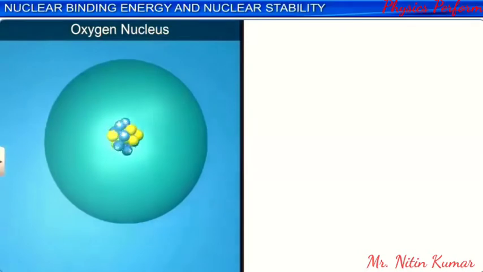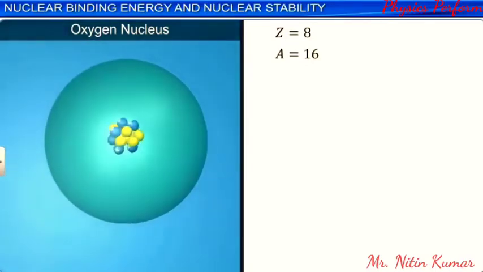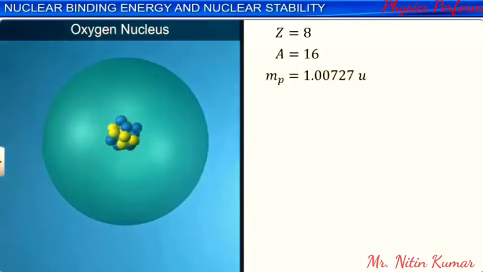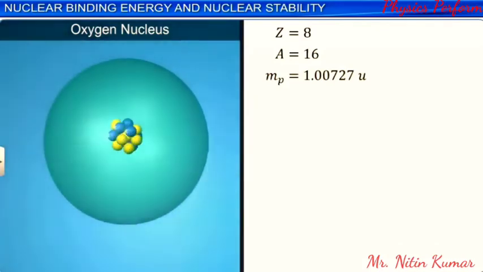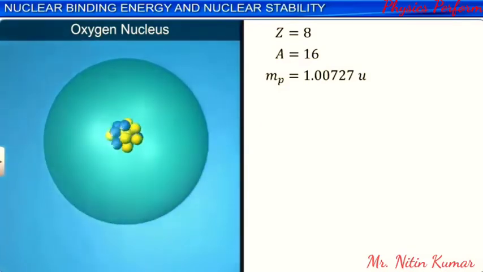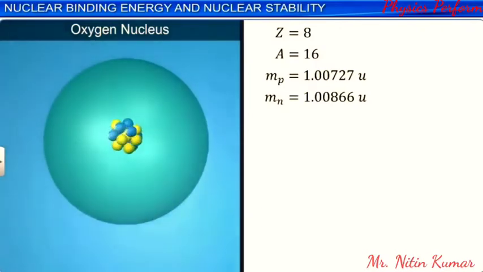The mass of each proton, Mp, is equal to 1.00727 AMU. The mass of each neutron, Mn, is equal to 1.00866 AMU. And that of an electron, Me, is equal to 0.00055 AMU.